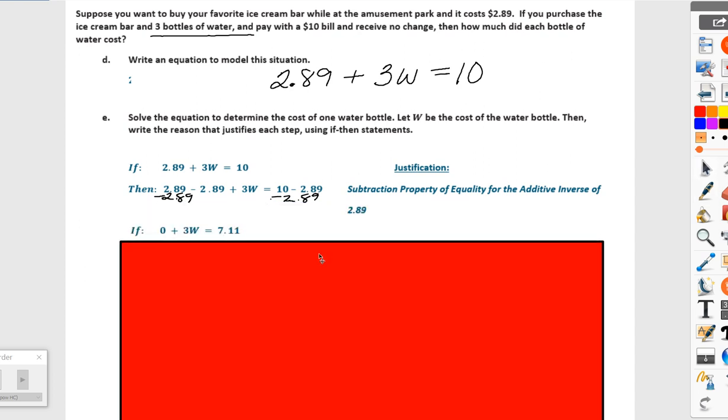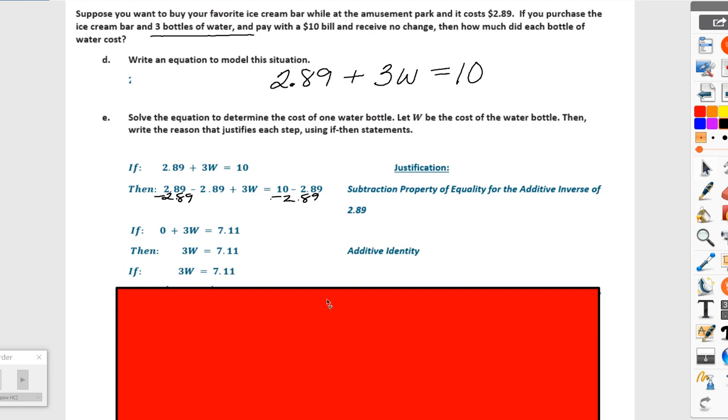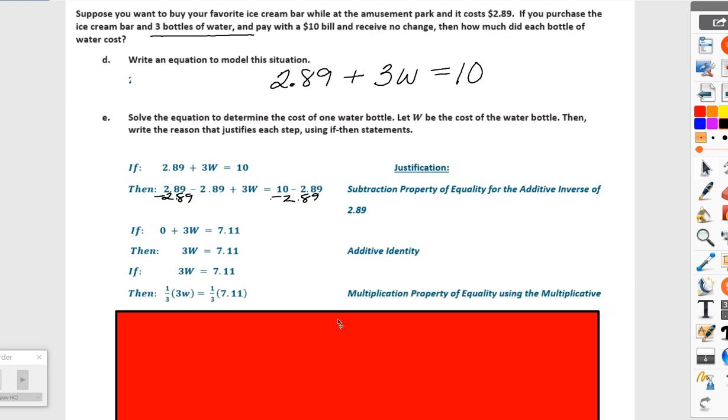When we do that, we find out that our 289 minus 289 is 0. We still have our 3W, and 10 minus 2.89 is $7.11. So if 0 plus 3W is 7.11, then 3W is just equal to 7.11. And if 3W is 7.11, we can multiply both sides by a third.